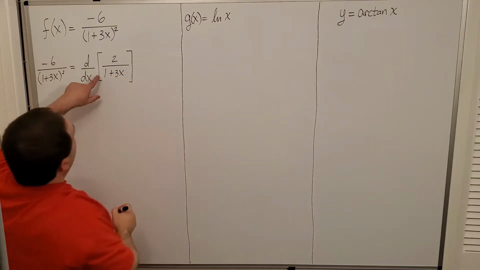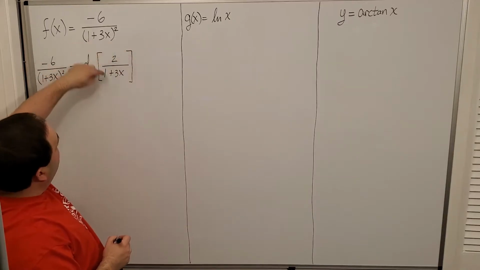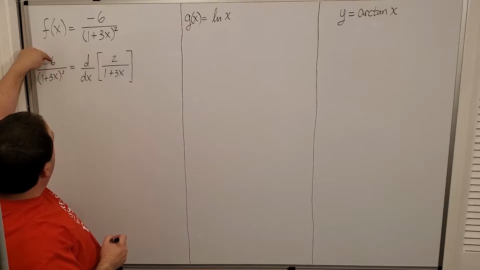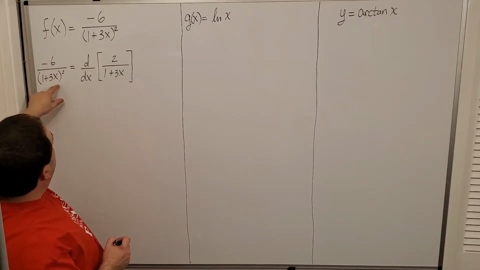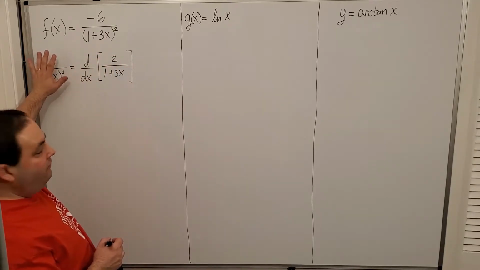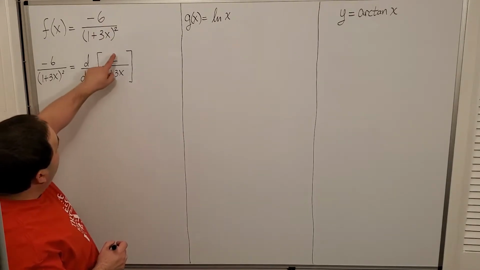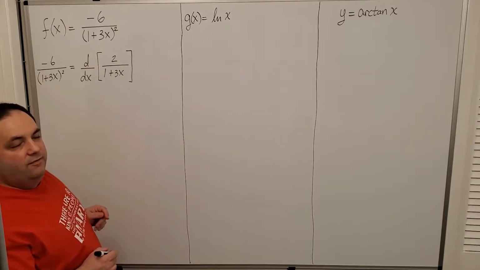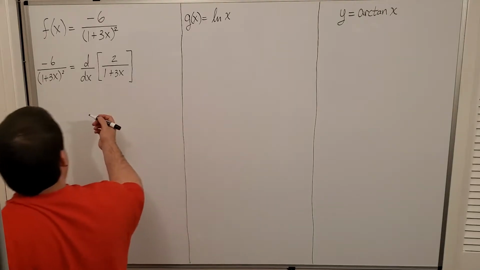Because if I take the derivative of this, basically I have to use a -1 exponent and then a chain rule times 3. So the -1, the 3, and the 2 multiply to give me -6. And then this drops a power to -2 to get this. So if I take the derivative of this, I get the function that we're trying to find the power series of. But this rational function is something that I could easily find the power series centered at 0 for. So that's what I'm going to do.